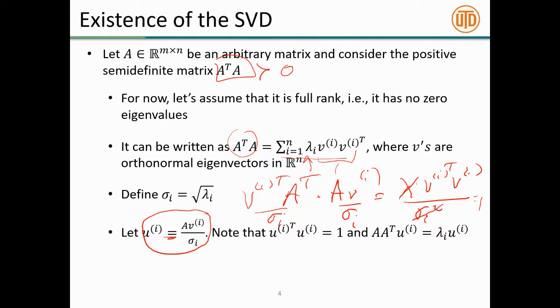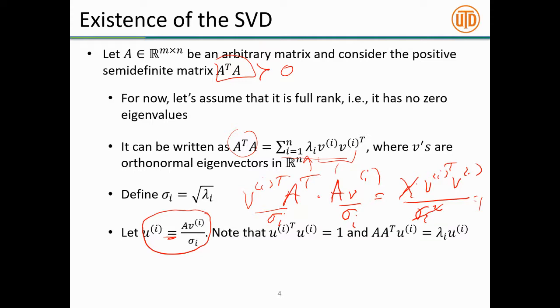That was a question in the chat. Does that answer the question? So I'm just looking at U_i transpose U_i under this definition of U_i, and it's equal to 1. So these U's are all unit length vectors.